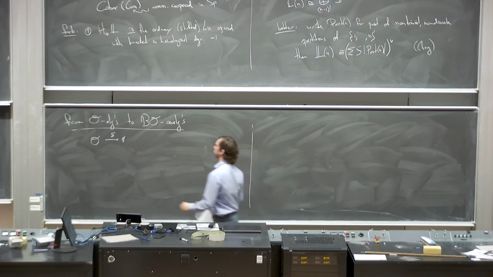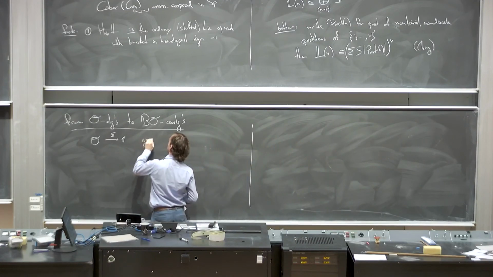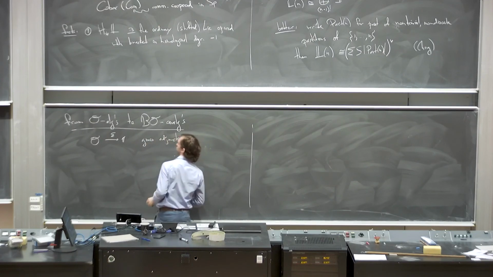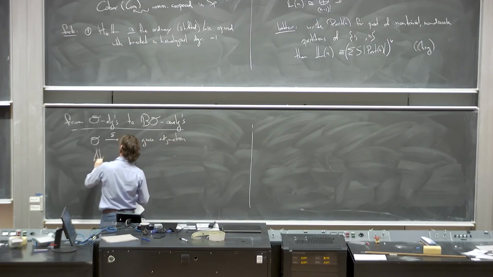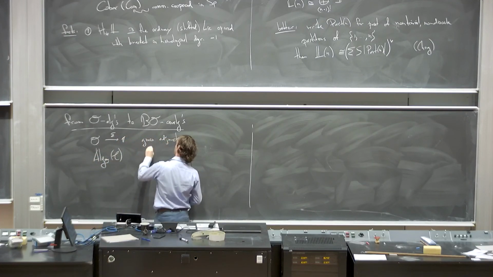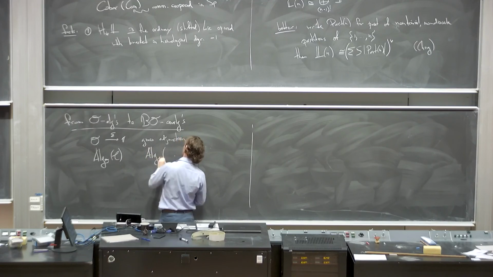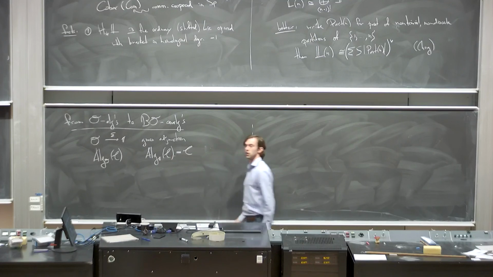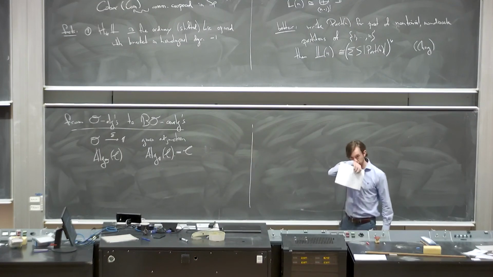Then this augmentation gives an adjunction on categories of algebras. So I could look at Alg_O in C, and I could look at Alg_1 in C, but algebras for the trivial operad, that's really just C. I mean, that's not specifying any data other than an object.